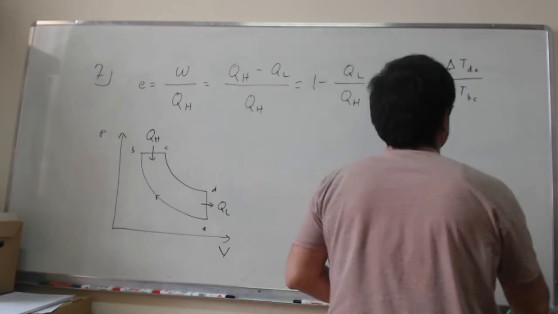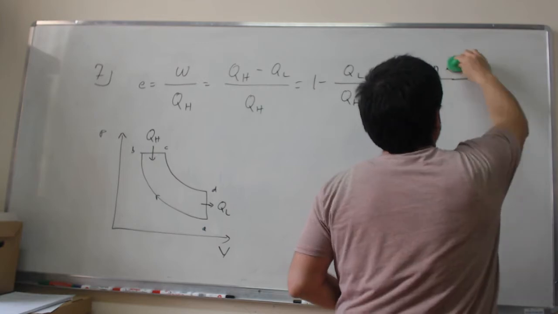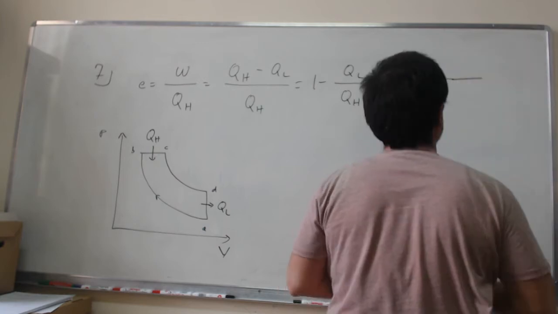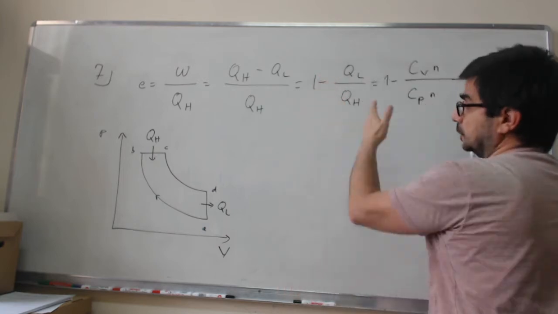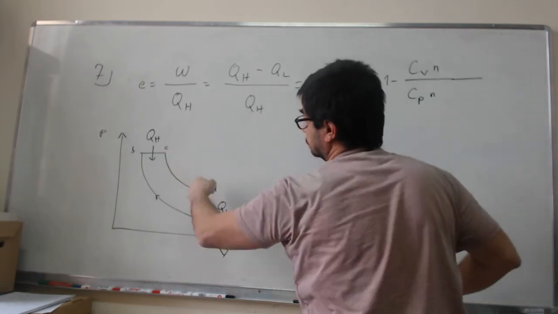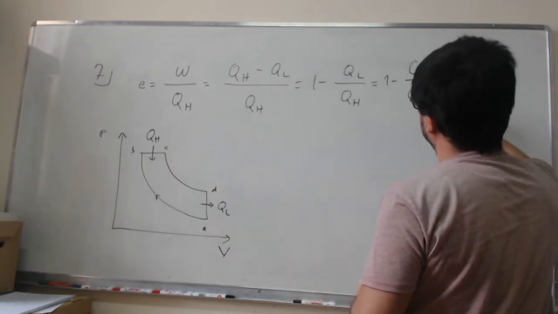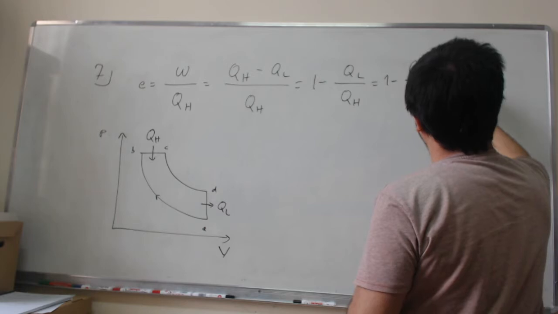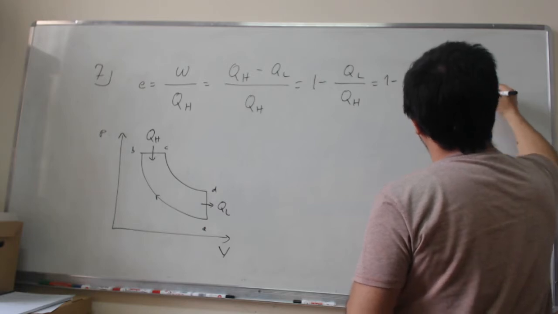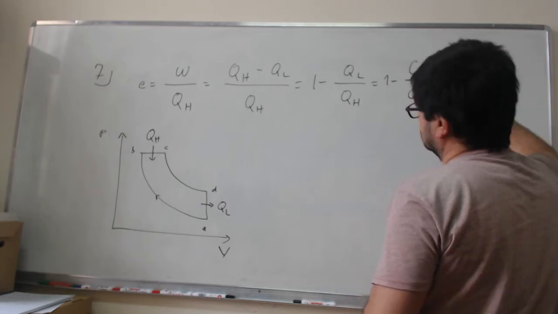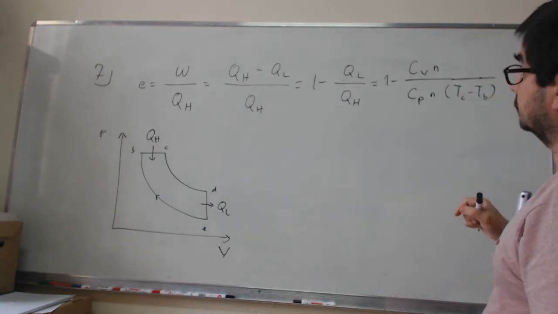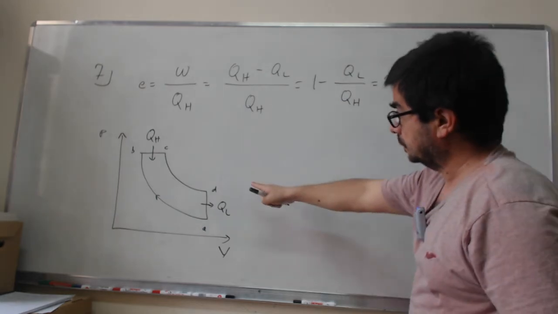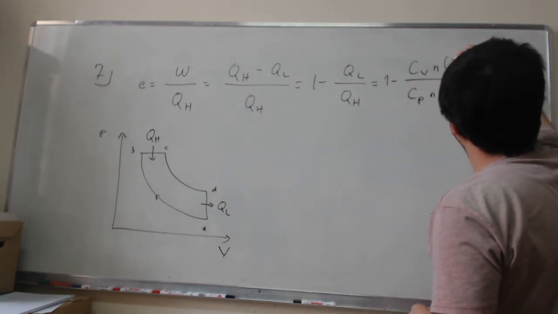Actually, let me be a bit more explicit here, because these are both positive quantities just by definition, and this is a higher temperature curve. So for the QH, this is actually Tc minus Tb, and for the QL, this is going to be Td minus Ta.